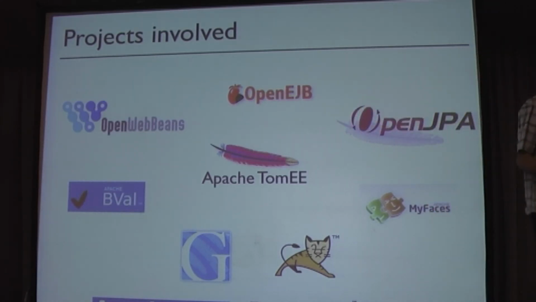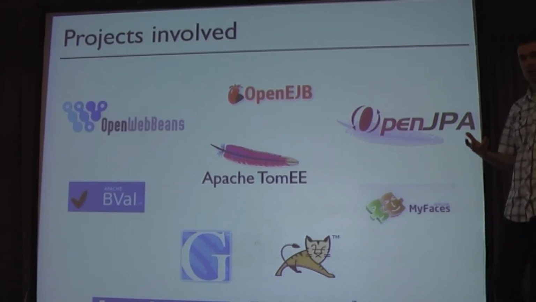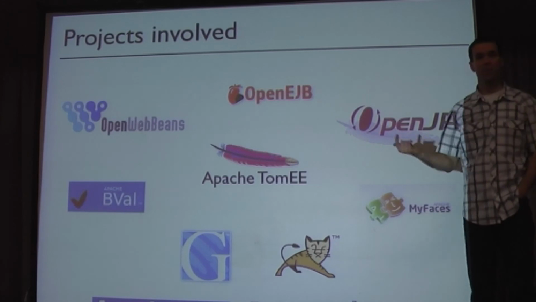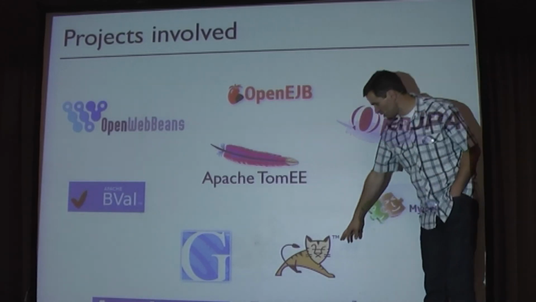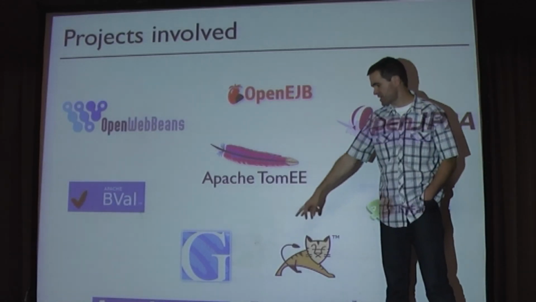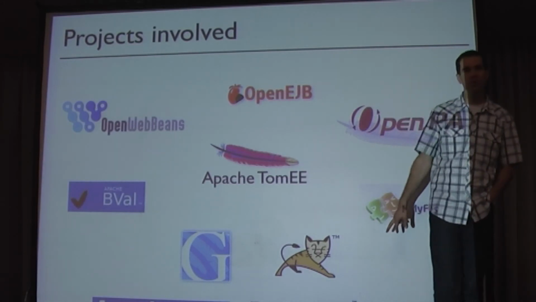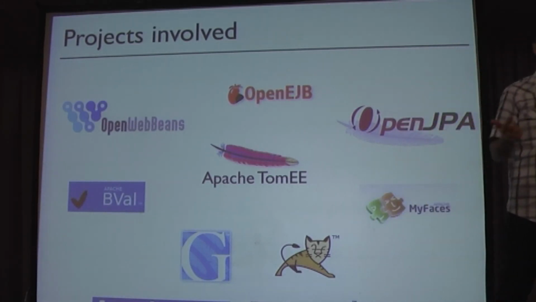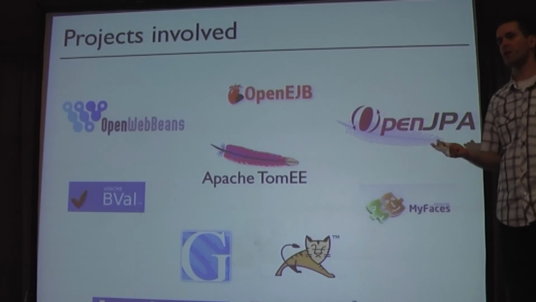But we've got other additions like TomEE Plus for RESTful web services and for JMS. So we also include Apache CXF and Apache ActiveMQ for JMS and for JAX-WS and for JAX-RS.